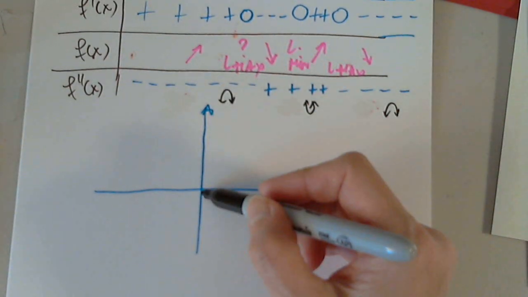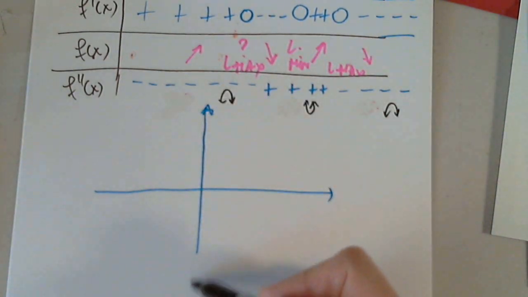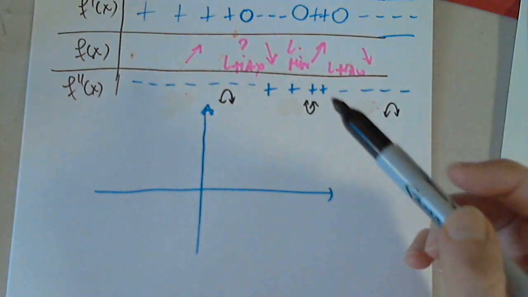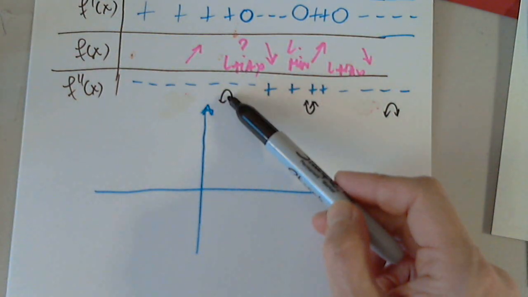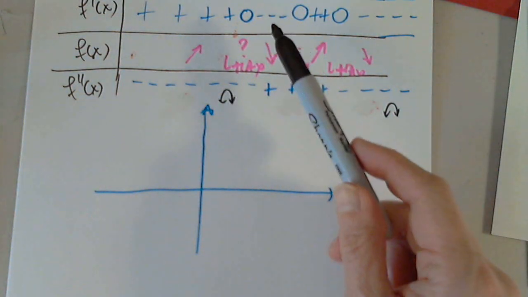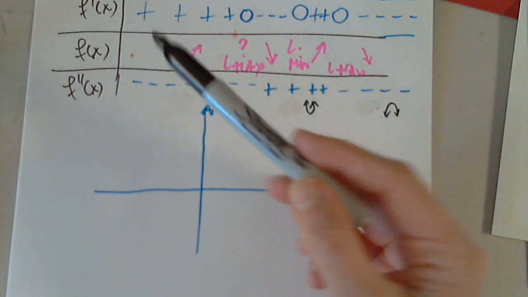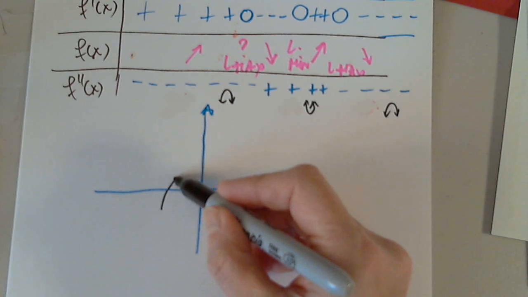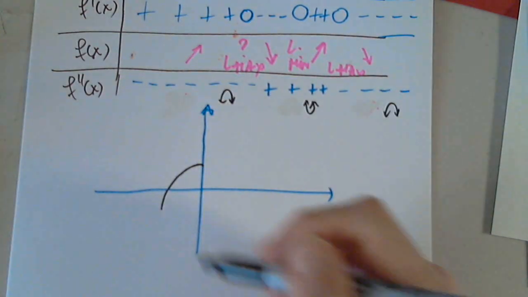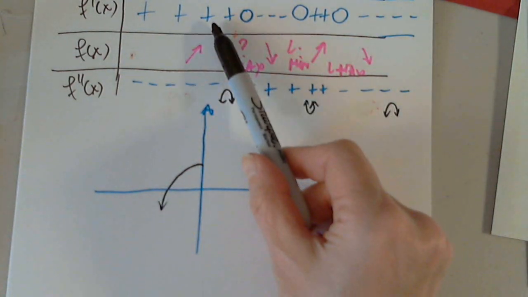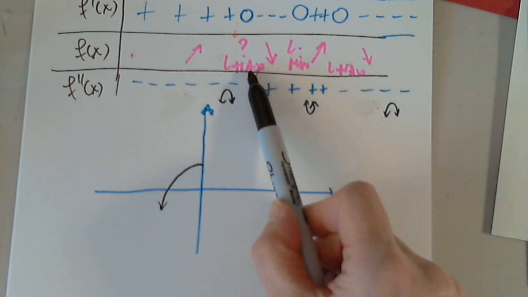So at 0, somewhere for x equals 0, it doesn't matter where, the function is opening down, and it reaches a local max, and it's increasing. Fine. Here's my local max. Increasing, opening down to a local max.